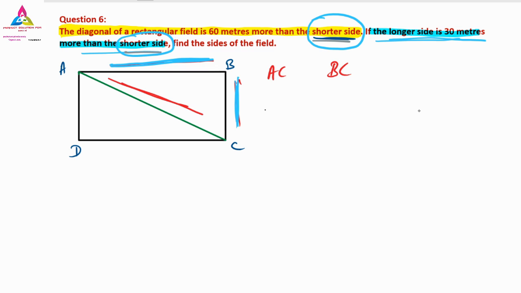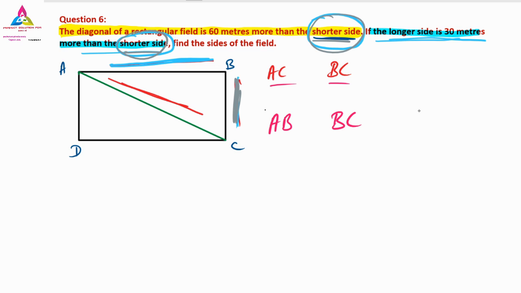What is common in both? The breadth, BC. In the first statement AC is compared with BC, in the second AB is compared with BC. They are comparing BC twice.